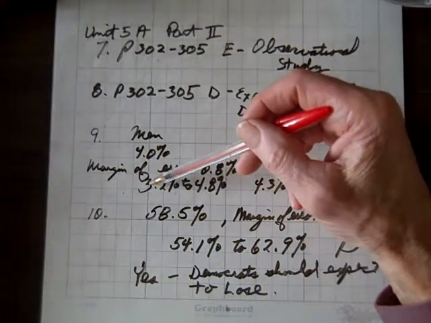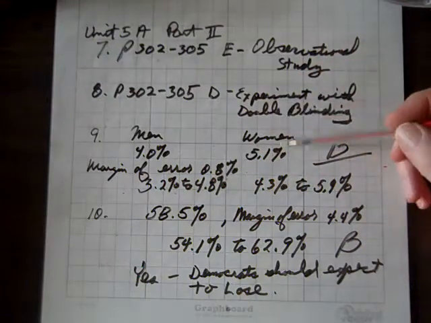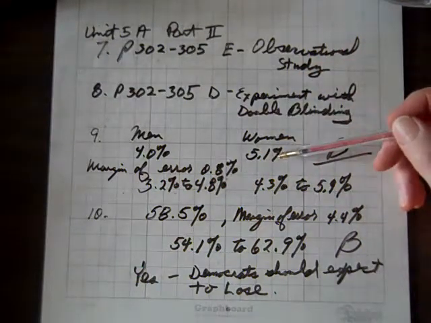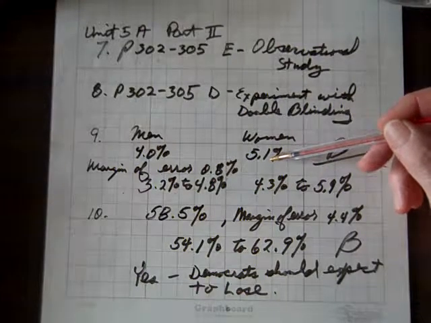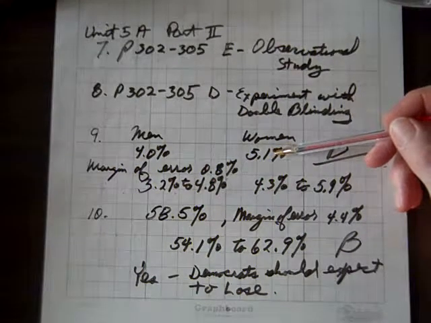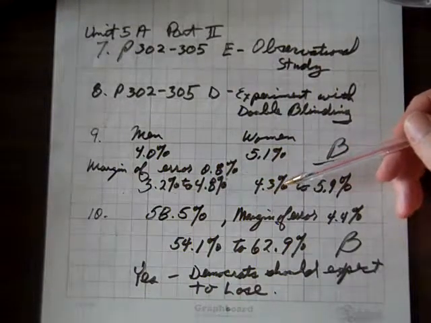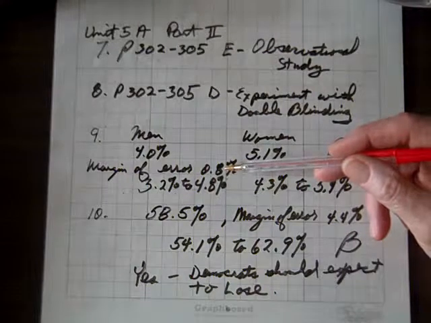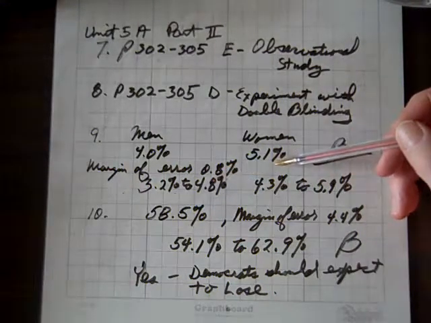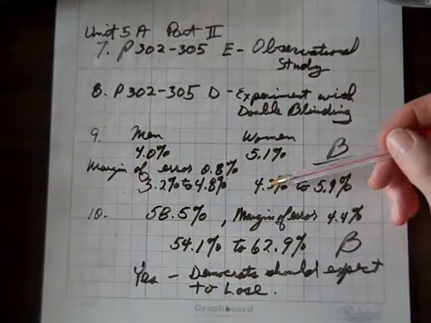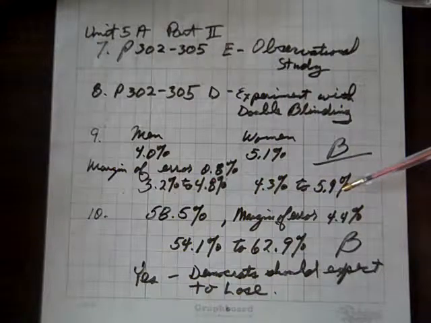So then our interval is from 3.2% to 4.8%. Relative to women, the survey concluded that there was a 5.1% unemployment rate, and with a margin of error of 0.8%. So if we add and subtract 0.8% from 5.1%, we'll have an interval from 4.3% to 5.9%.